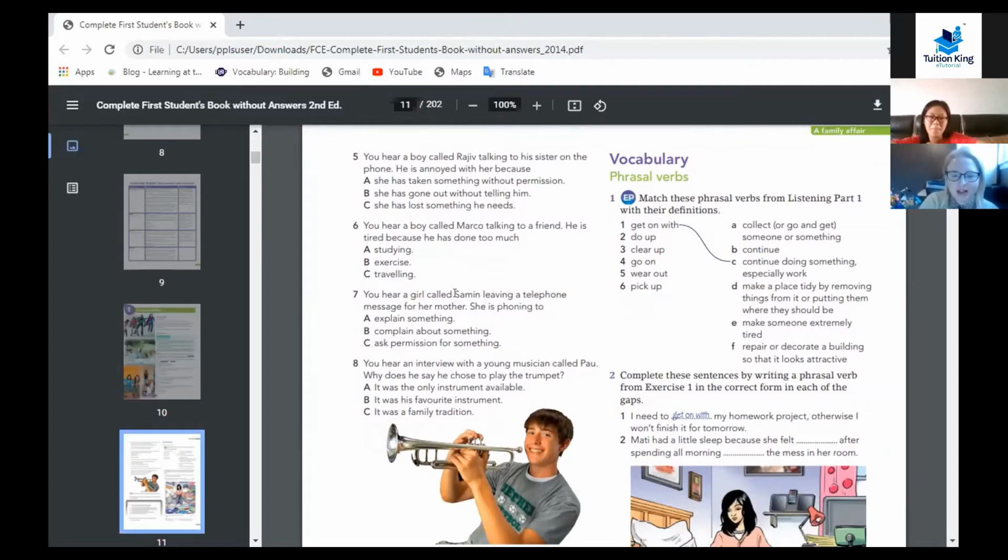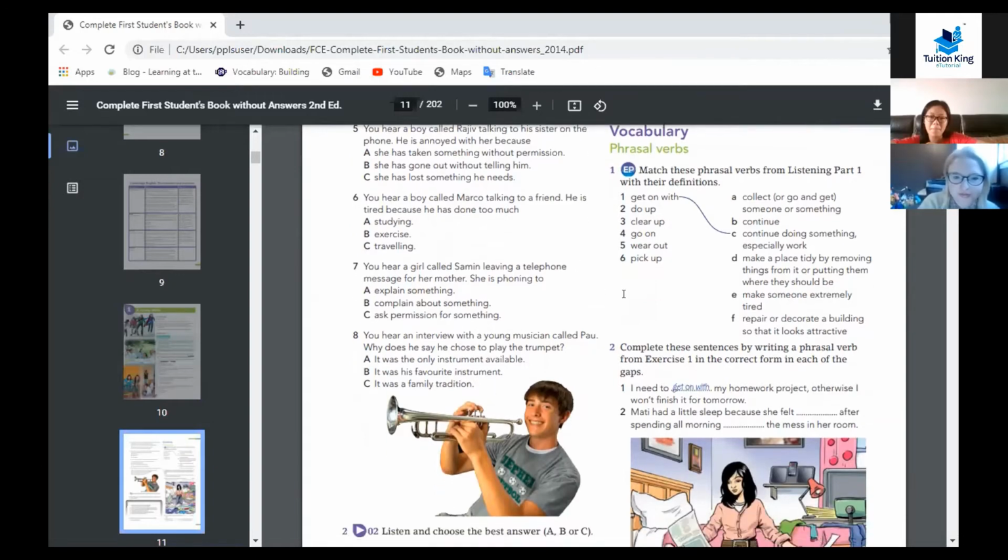What about question 6? Yeah. The question 6, my answer is B, exercise. Okay. And then question 7, I am not sure because I didn't get the answer very clearly, but I think for this one you need to understand the function rather than listening for a specific word.